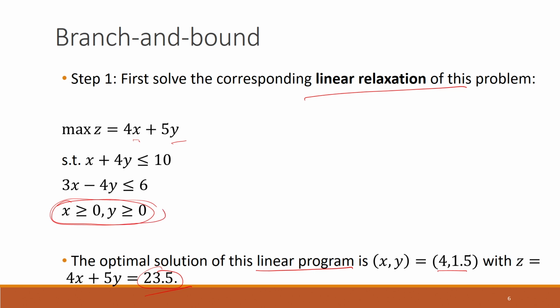Okay. So, whatever optimal value we get for the integer program can either stay the same as the corresponding linear relaxation, or it can be lesser than that. Okay. So, this 23.5 is an upper bound on the objective function value of the integer program.